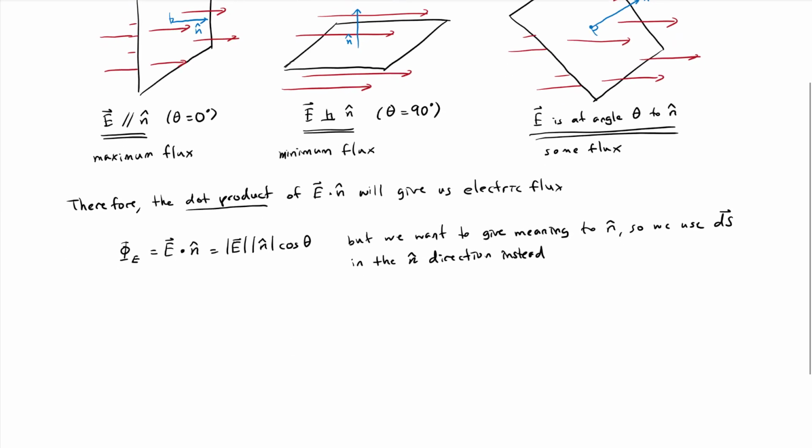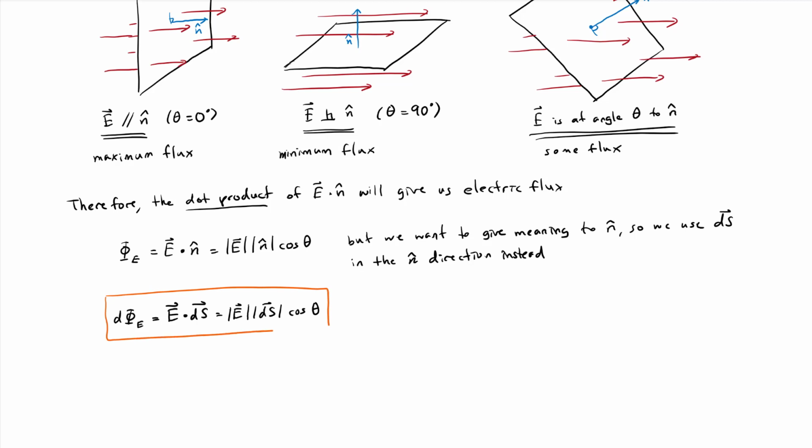So then, in order to calculate the total flux, we need to find the differential flux, which is equal to E dotted with ds, and then we have E ds cos theta. This is the equation for a differential electric flux.